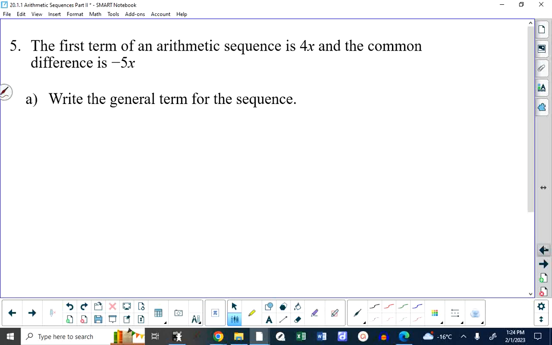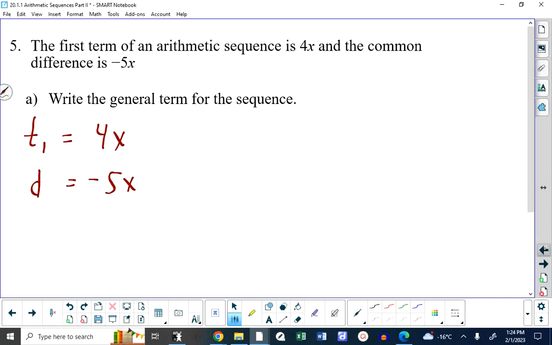What's going on here? The first term of an arithmetic sequence is 4x. It's not a number. Live with it. It's what it is. The first term is 4x. The common difference is negative 5x. So before we write the general term, let's write out the sequence.